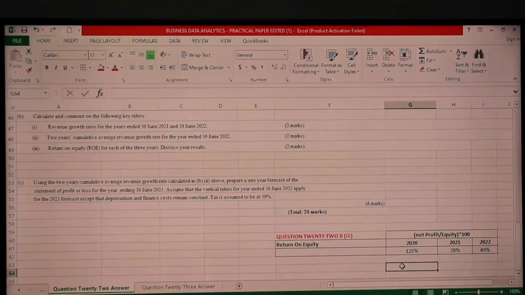For the year 2020, whatever we invested brought more returns. Then in the year 2021, whatever we invested reduced as compared to the previous year, and the trend is going down. You can see that trend is actually going down.